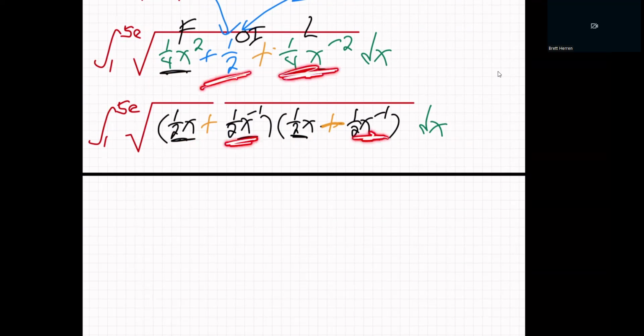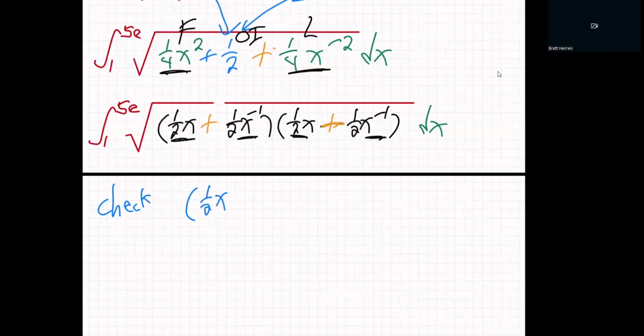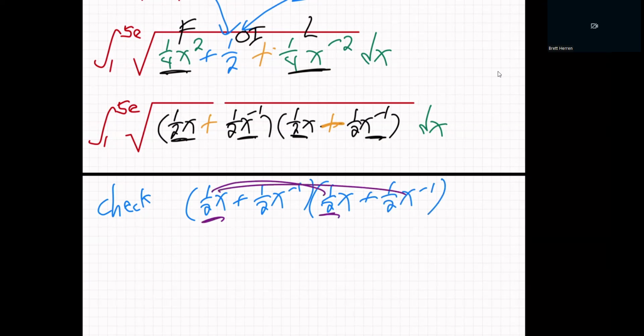Now you might say, but how are you going to get the half in the middle? It'll work. Let me check it just to prove it. I know it looks like it doesn't work, but it does. Let me just FOIL it out. We are on track here. If you FOIL this out, this guy goes to both.